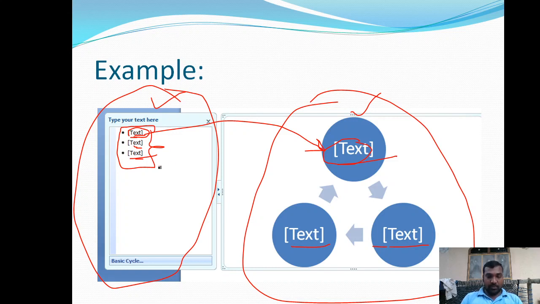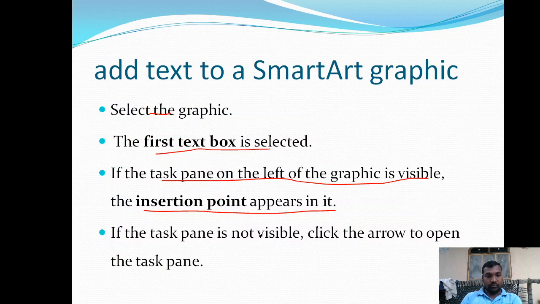If it is not visible, if it is in hidden mode, then use these arrows. One arrow is to make it visible and the other is to hide it. So if the task pane is not visible, click on the arrow to open the task pane.